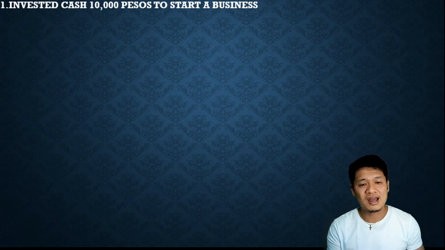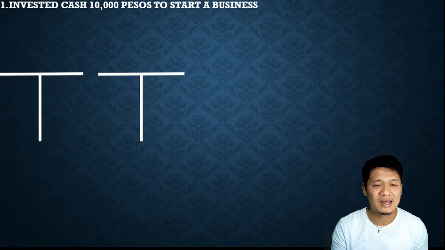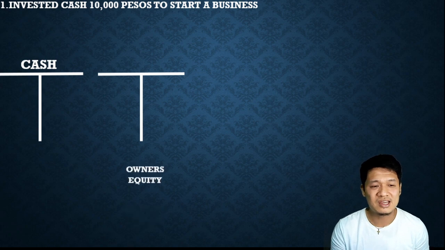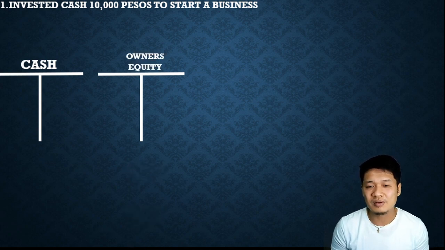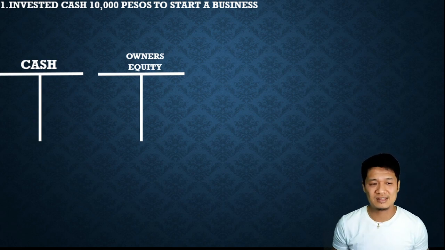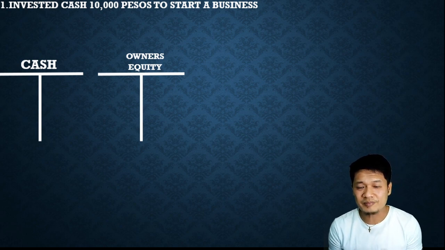Siyempre, ang first thing na gagawin natin dyan, dahil gumagawa tayo ng T account, so gagawa tayo ng T accounts. Yung first thing natin, pangangalanganin natin yan as cash. Kasi involved si cash, di ba? And the second one, dahil involved din si owner's equity, gagawin din natin yan as owner's equity. So let us analyze. Sabi niya, invested cash 10,000. So kung nag-invest ng 10,000 sa capital or sa business natin, ibig sabihin, nadagdagan yung pera ng business.